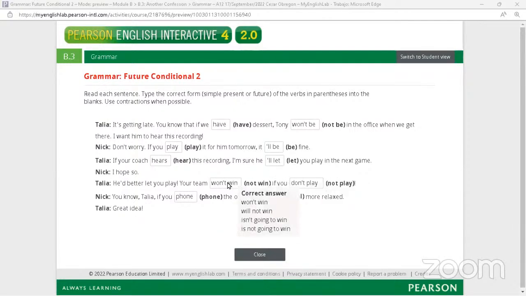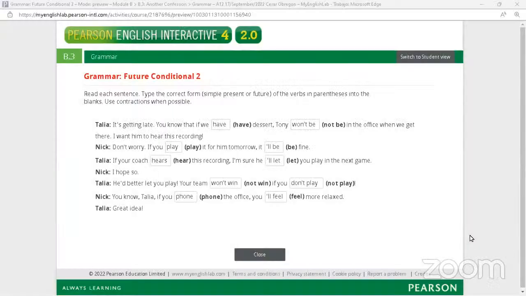The if conditional is over here. So we did pretty good though, right? I don't know what happened, Pearson does that. But take a picture, please. These are the correct answers.